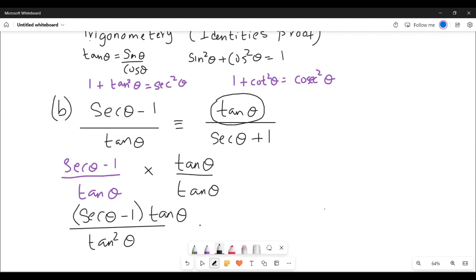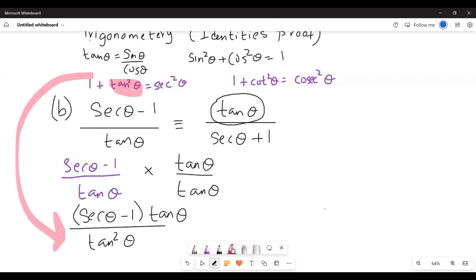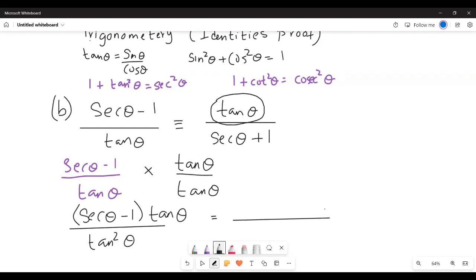Okay. Now we know what tan square theta is equal to. From this identity, tan square theta is equal to secant square theta minus 1. So I'm going to replace tan square theta with secant square theta minus 1. And the numerator is secant theta minus 1 times tan theta. Okay.